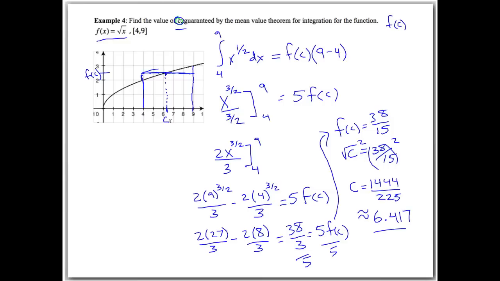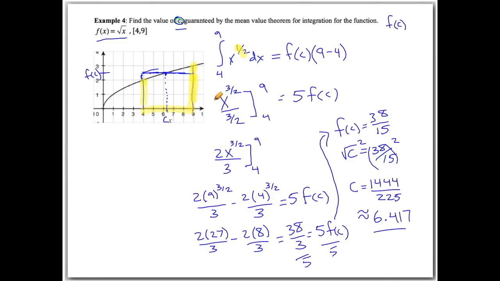All right, welcome back. So let's go ahead and check your work here. The first thing you should have done is just draw your intervals here, kind of showing what we're looking for. And then we can set up the mean value theorem. So we have the definite integral from 4 to 9 of x to the 1/2 dx. Notice I changed the square root to 1/2 because it's a lot easier. And that's going to equal f of c, or our average value, times 9 minus 4, which is the distance in between the two limits.